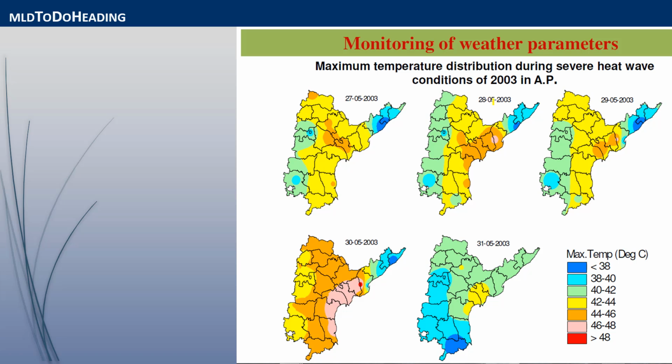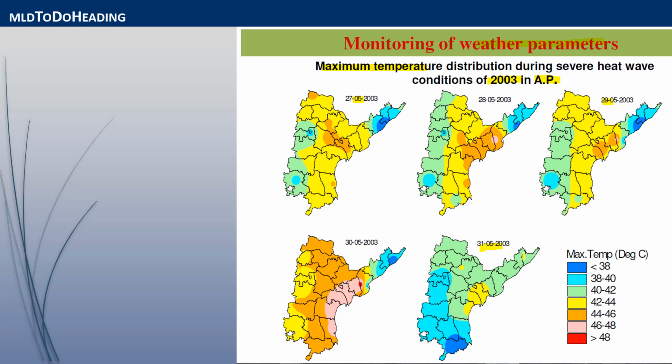And these are the heat maps for Arunachal Pradesh. These heat maps were used during 2003 for monitoring the weather parameters, that is the maximum and minimum temperatures, for the fifth month, for various dates: 27, 28, 29, 30, 31.